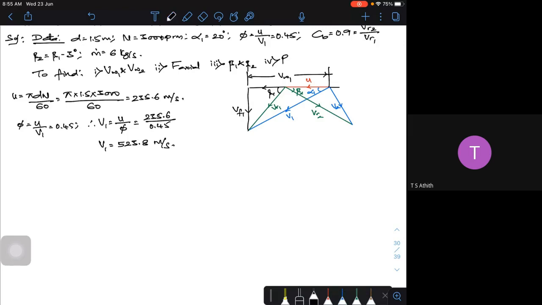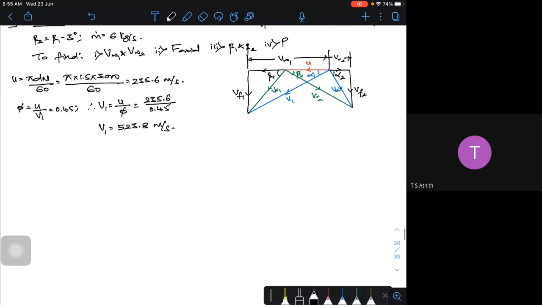Then I have my VW2, and I have my VF2. This will be my alpha 2. I got all my triangles, and from this I can find it. Now let us try to solve this problem using trigonometric principles.